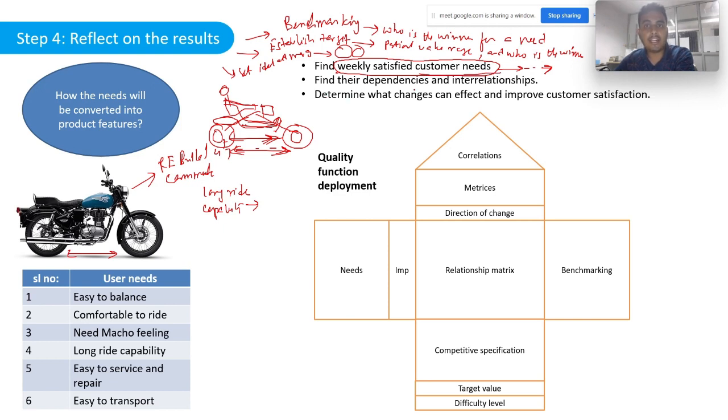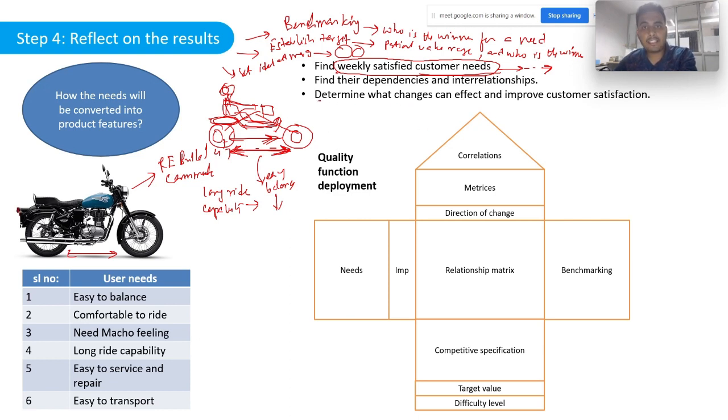Then try to understand the interrelationship between the needs. This particular need may affect some other needs, probably balance, easy to balance. It may have a negative correlation with easy to balance. Similarly, this may also decrease the luggage carrying capacity, because you are taking the whole space to get a comfortable stance.